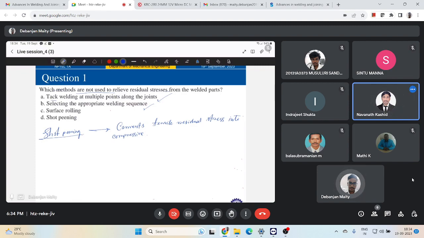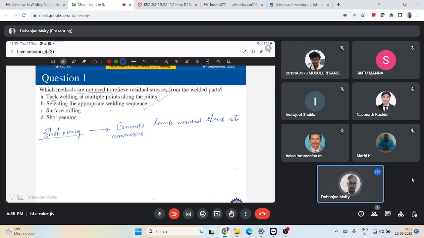Yes, mostly in the research lab we do it for additive manufactured parts, where you have a bulk volume of structure, and then you can basically shot peen over the surface, and then you can reduce or convert those residual stresses into compressive ones.